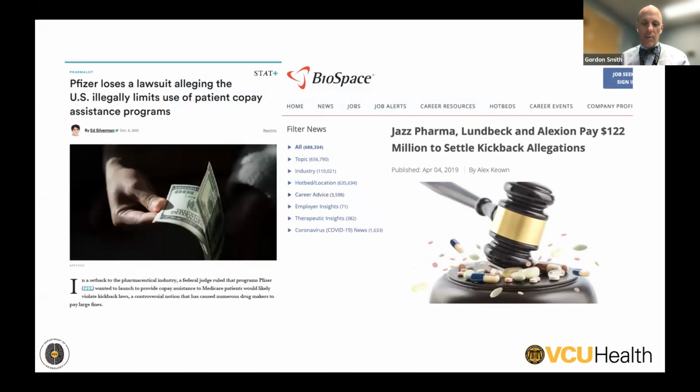If you look out for this, you will see news about it every few weeks. Someone pays a fine. Here are some recent ones for drugs in the rare disease space, and you'll see some that we've talked about earlier today. Pfizer with amyloid drugs for cardiomyopathy, Jazz, Lundbeck, Alexion with eculizumab, tetrabenazine involved in this. So this is something that people are paying attention to.